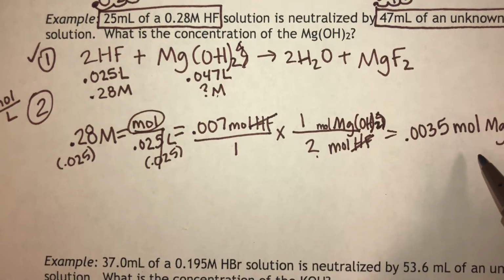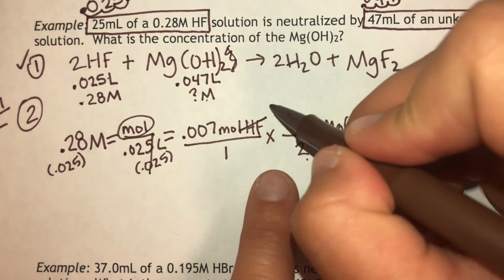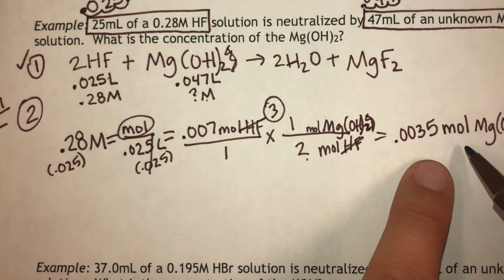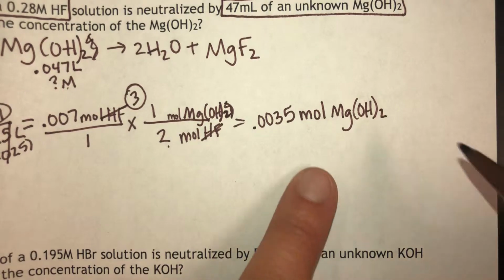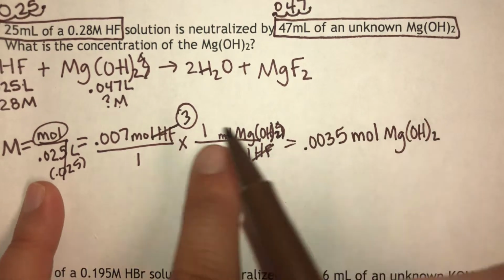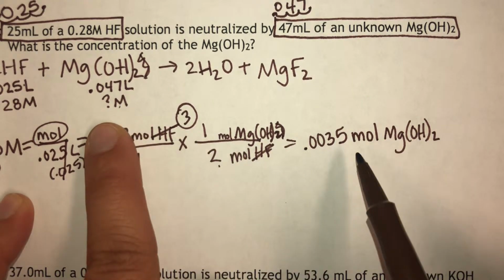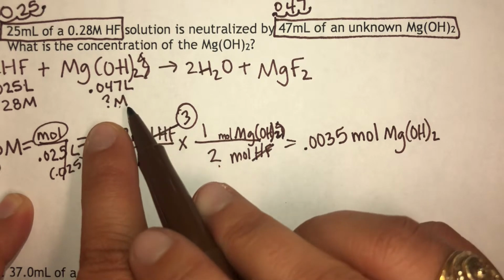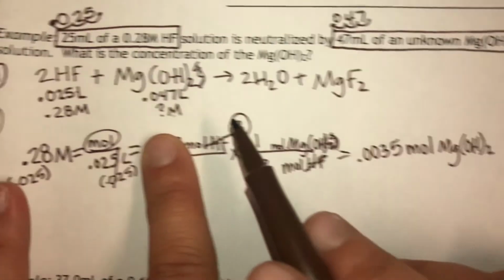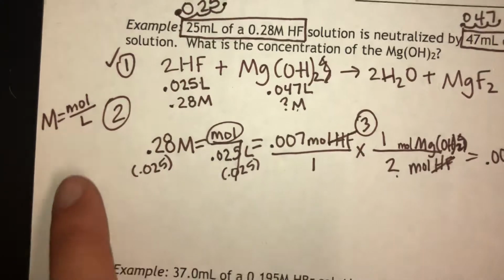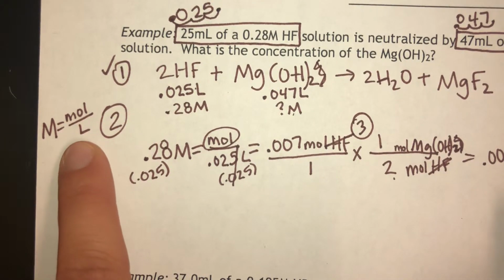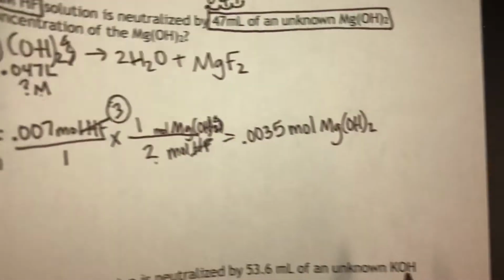Okay, and that's the answer for step 3. So we started step 3 right here, and we got our answer right here. So at this point, we have our moles for MgOH2. We know liters, and we want to find molarity. So to do that, we're going to use our formula again, which is going to be moles divided by liters, because that's the information that we have.